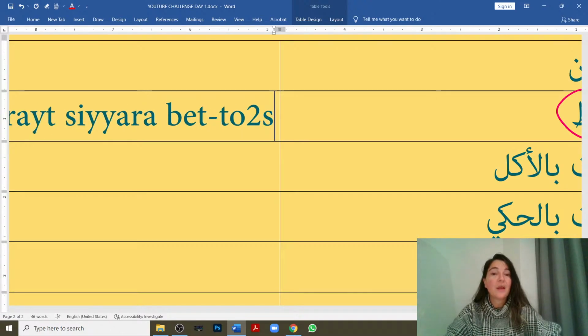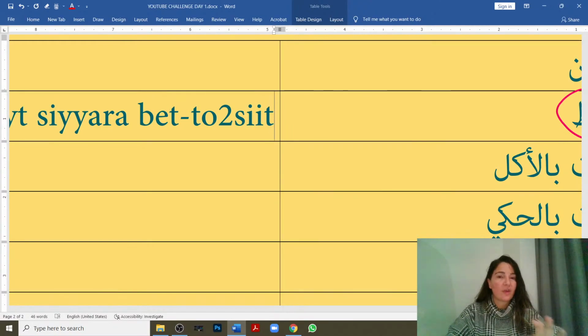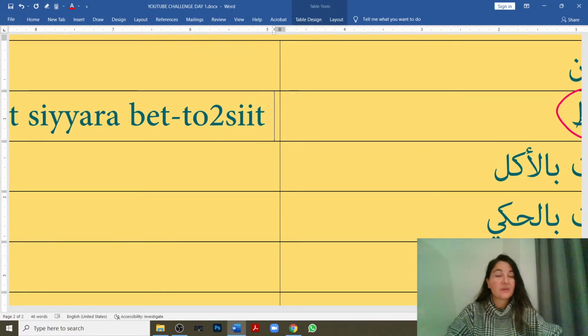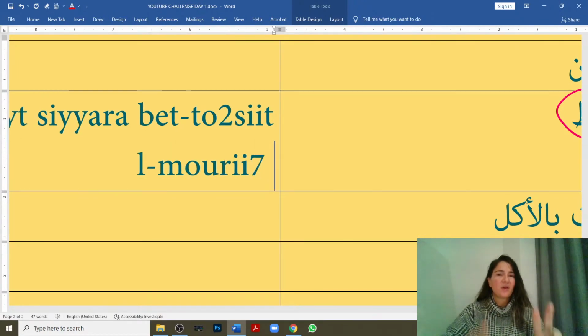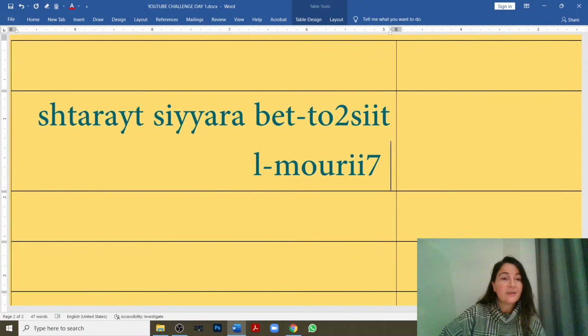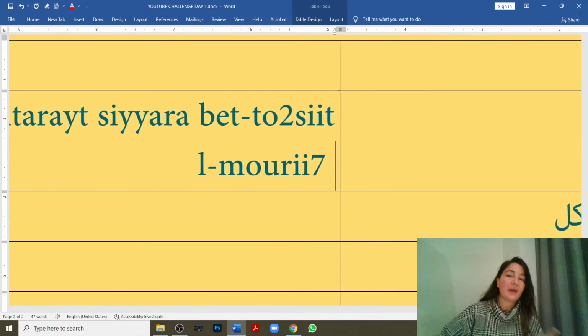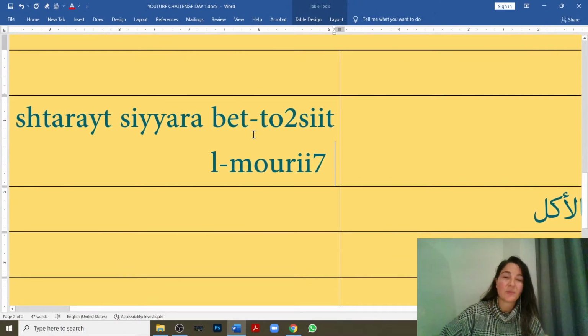I bought a car with the installment. That's how you say بالتقسيط, by installment basically. And then you can add المريح. مريح literally means comforting or comfortable, but when you say تقسيط مريح it means easy installments. So اشتريت سيارة بالتقسيط المريح. I bought a car with easy installments.